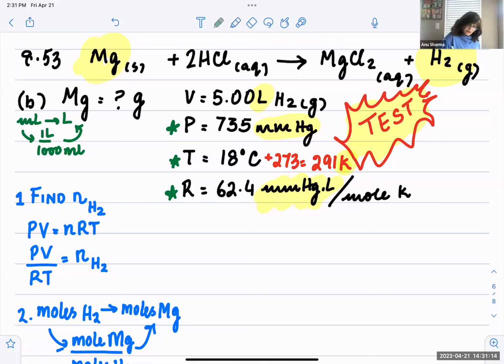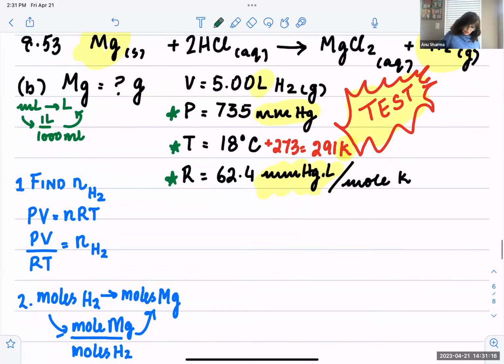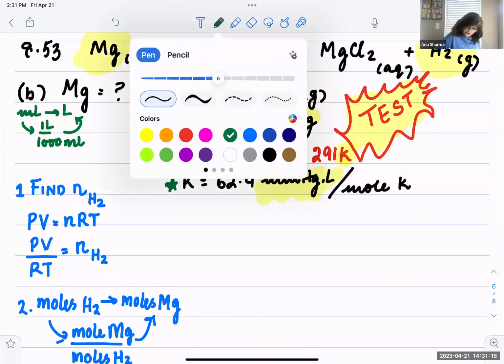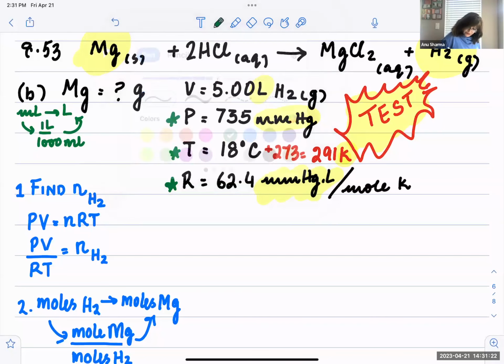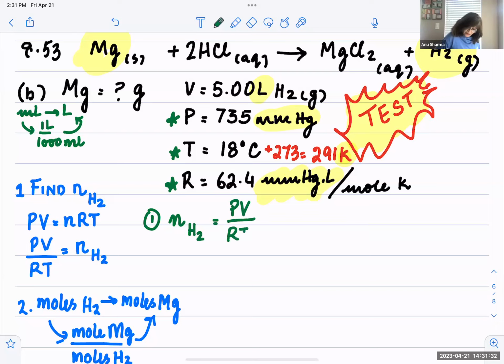Okay, so all right, let's start doing this here. Let me do it in a different color, green. Okay, so first step is the number of moles of hydrogen is equal to PV over RT. So here the pressure is 735 millimeters of mercury, times the volume.